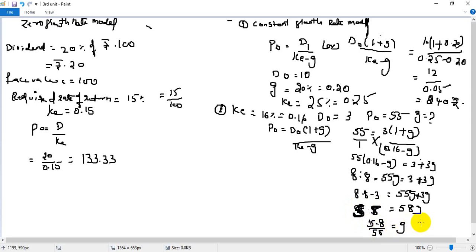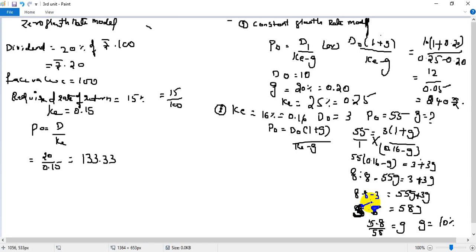So your growth rate, if you calculate this, will come to 10%. So this is how you are supposed to do it. This is a very important growth problem. I'll ask you similar kinds of questions in the exam. I'll give you one more question to do for finding out the growth, you just do the practice on it.